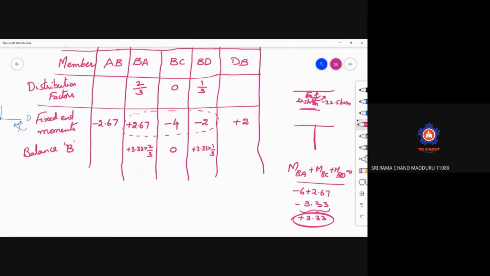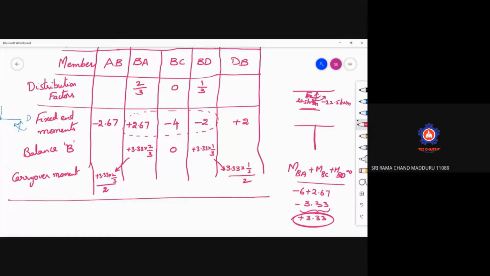Now when you are balancing, a carryover moment will be there. This carryover moment will be half of that moment. For BA, the far end will be AB. So here this will be +3.33 into 2/3 into 1/2. That is the carryover moment.